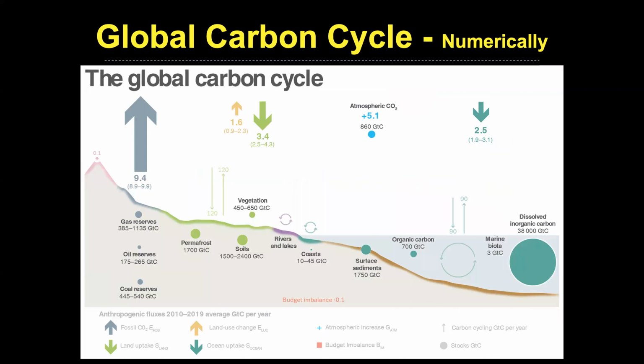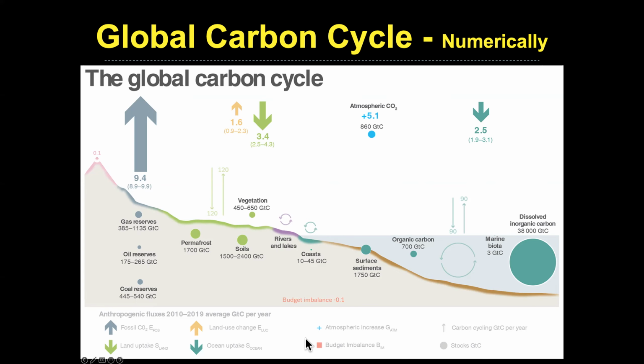Here's another carbon cycle. Again, this is not for you to memorize these numbers, but to give you a sense of what is inputting the most carbon into the atmosphere. Well, gas reserves, oil, coal. What's basically putting more carbon in? And what's storing it? We're talking about dissolving inorganic carbon into the ocean. So there are inputs and there are sinks, depending on where the arrow is pointing.